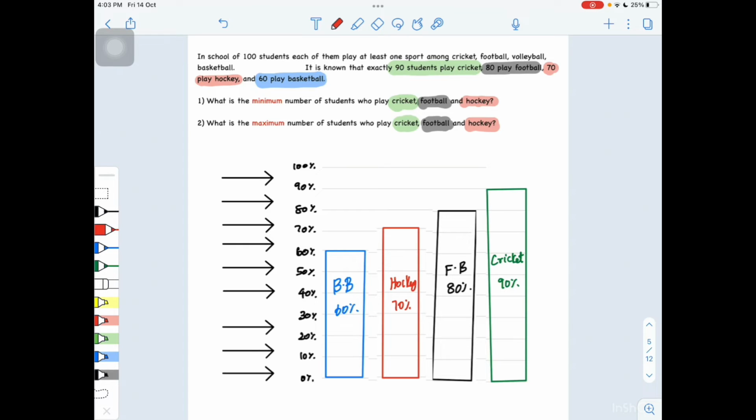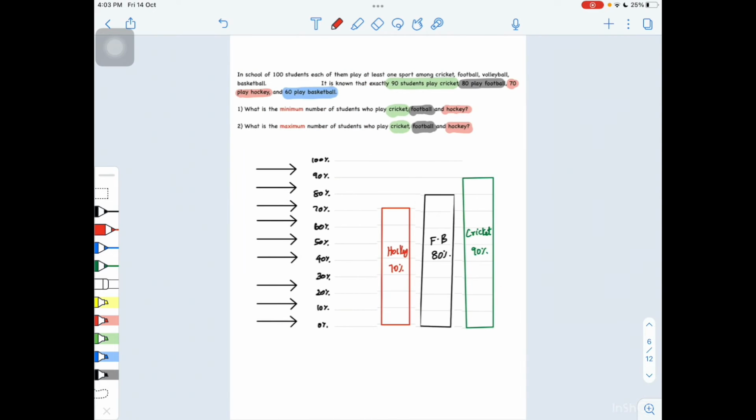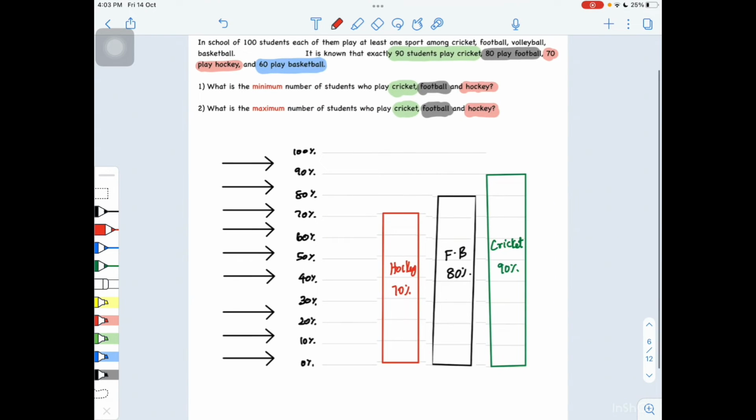Now these 4 sports are represented using 4 filters in this light and filter diagram: blue filter, red filter, black filter, and a green filter. Now the question asks, what is the minimum number of students who play cricket, football, and hockey? Green, black, and red. So let's ignore this particular blue color filter, and let's just focus on these 3 filters.